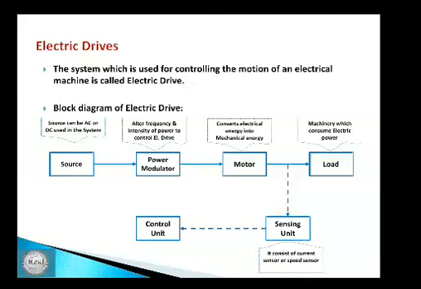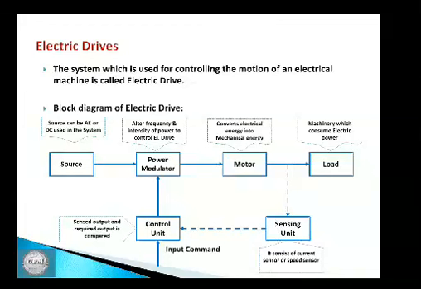Control unit. Sensed output is given to the control unit, and in the control unit, sensed output and required output are compared and input command is given to the controller for getting the required output.